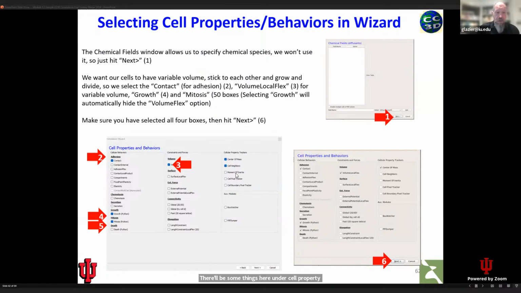You don't have to do anything to those. You have to select these 4 boxes: Contact, Growth, Mitosis, and Volume Local Flex. If you fail to select one of those, the simulation will not crash, but it won't do what we want it to do.